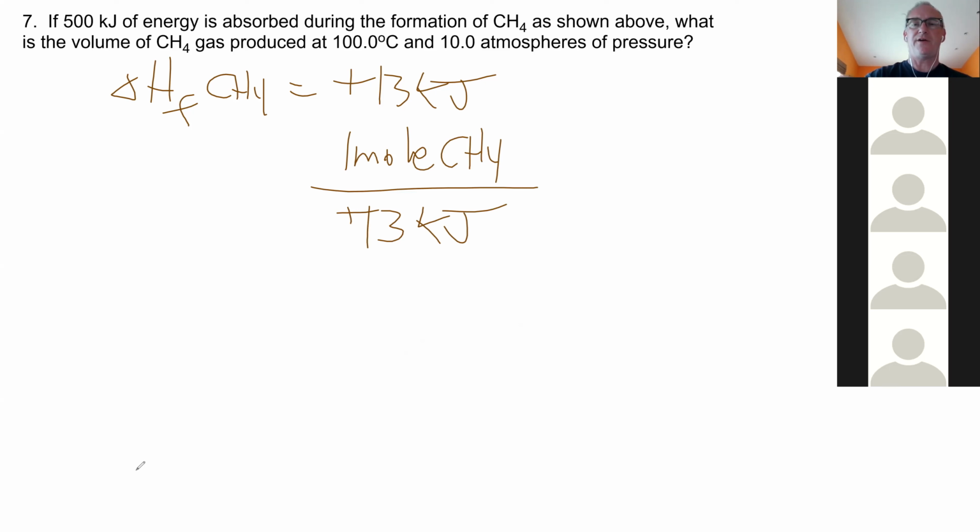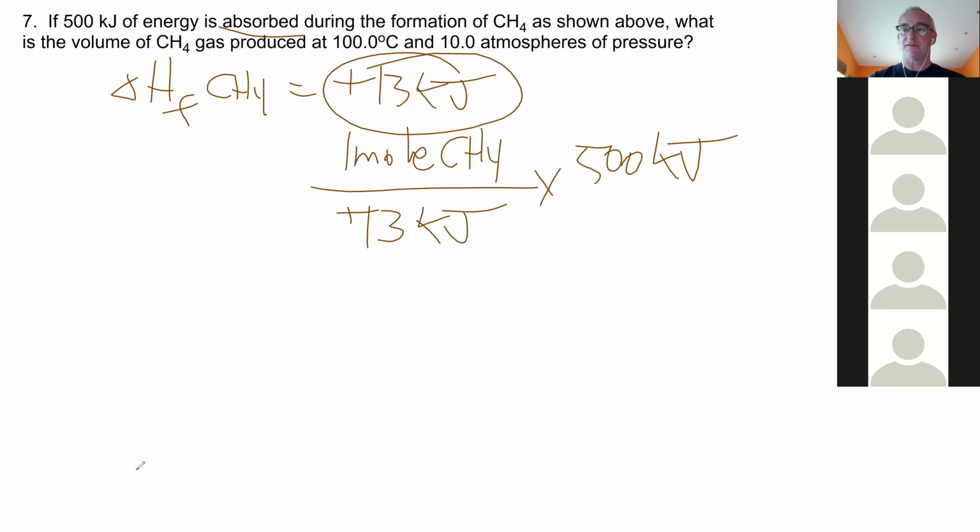If 500 kilojoules were absorbed, meaning it's an endothermic reaction, that energy is absorbed. For 1 mole, it takes 13 kilojoules of energy to absorb. It absorbed 500.